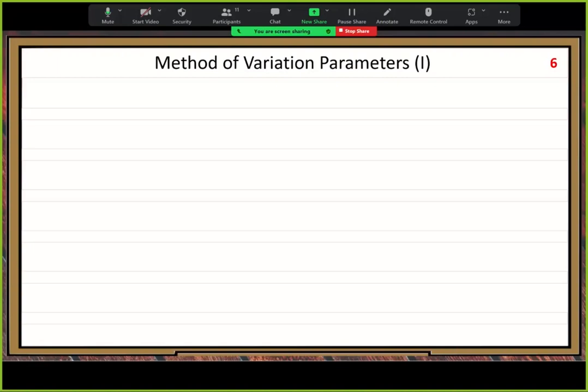Here we need to do a lot of calculation. I hope you can follow my calculation. But at the end, we just apply formulas, so you do not need to repeat all the derivation. After we derive those formulas, then we just apply them.